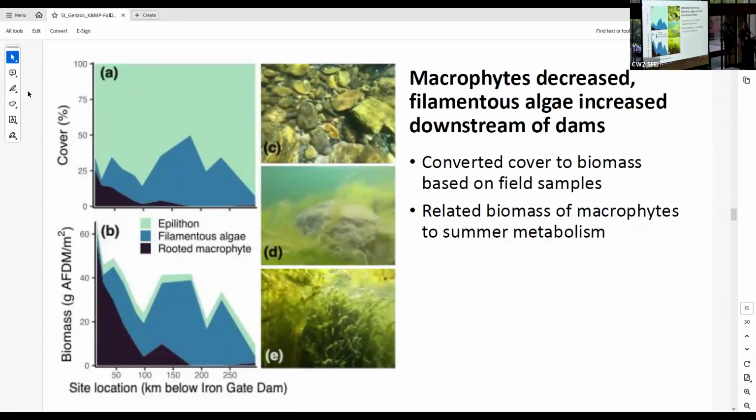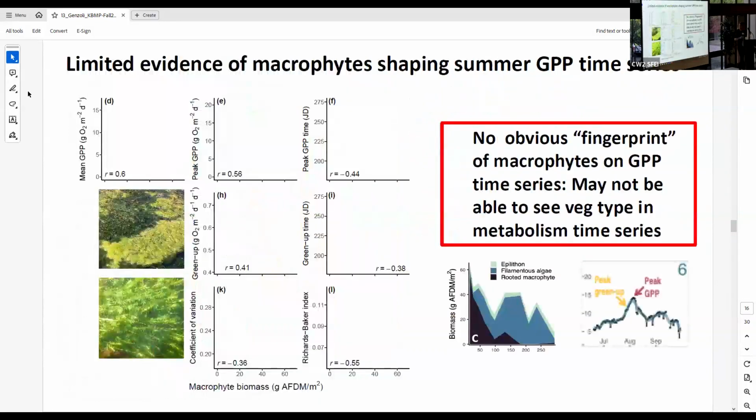And then we related the biomass of macrophytes specifically to summer metabolism, with the idea that macrophytes, because they're pretty stable and they grow initially in the spring and then stay there throughout the season, would have a time signal or a fingerprint on this metabolic time series. And so that's what I was investigating.